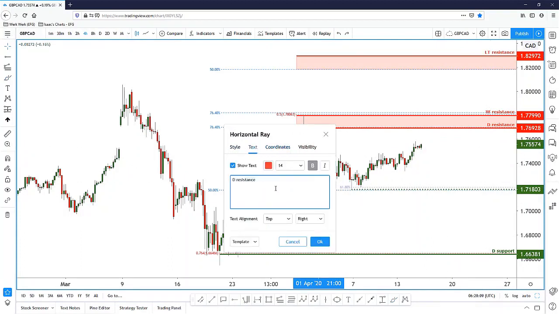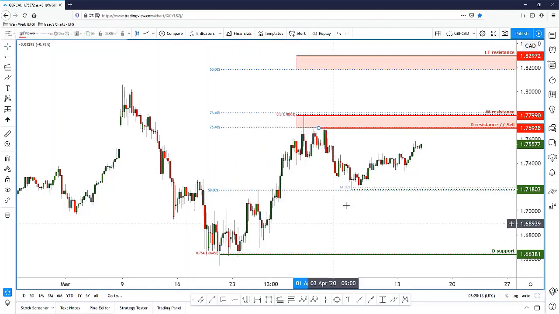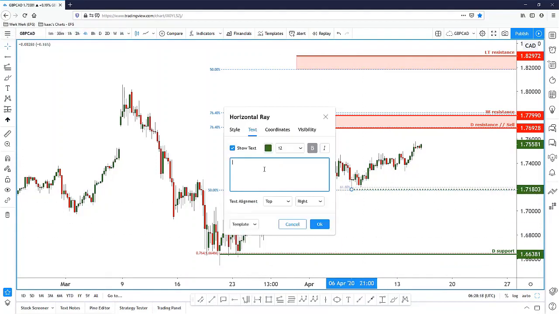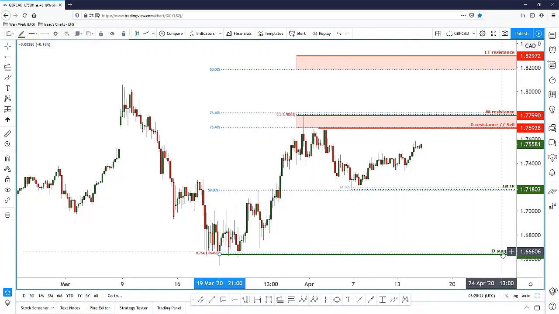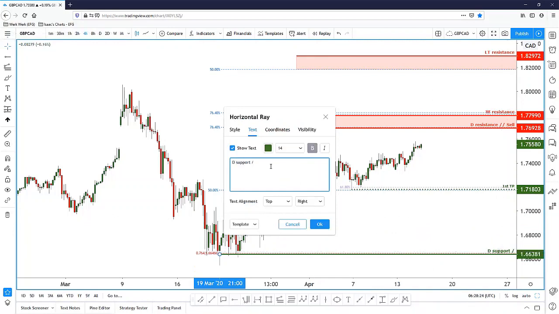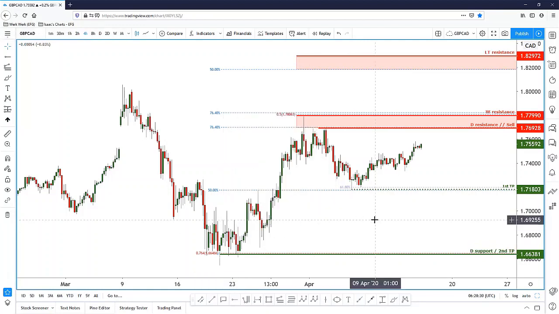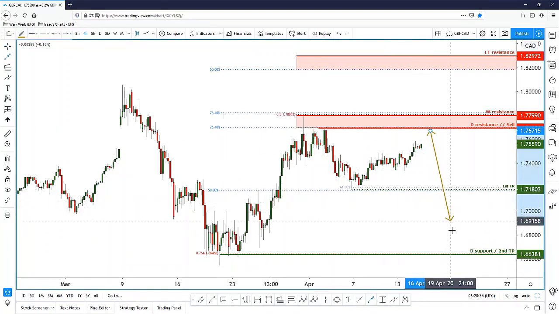This can be my sell entry with this as my first take profit and my daily support as my second take profit. Hey, this will actually give you quite a nice risk reward.